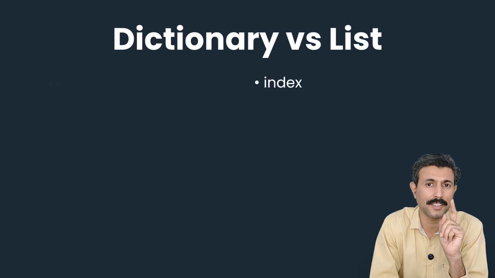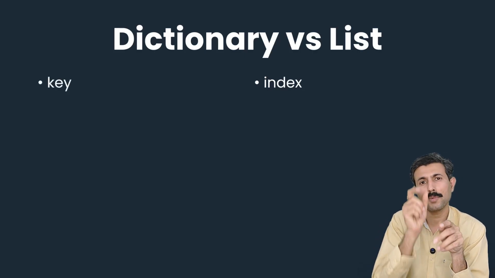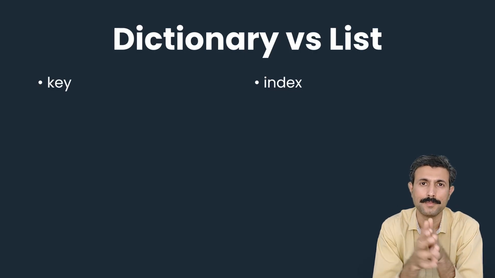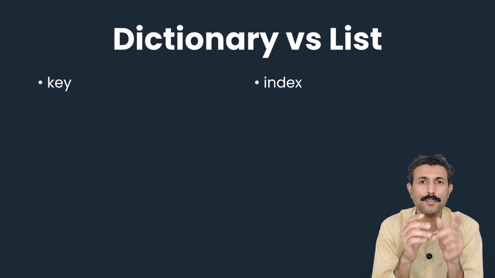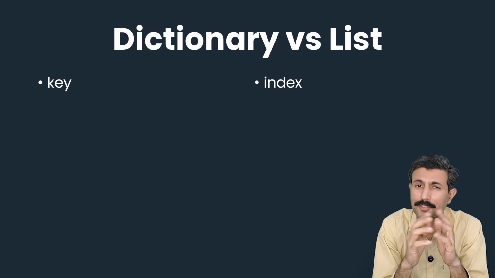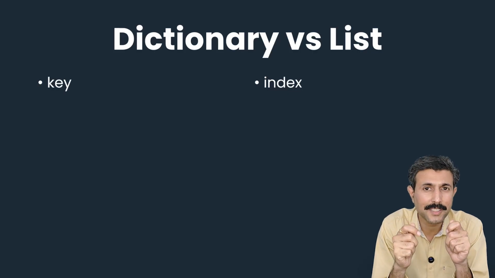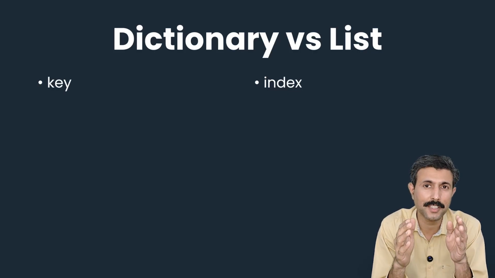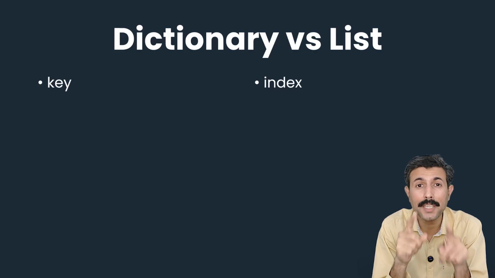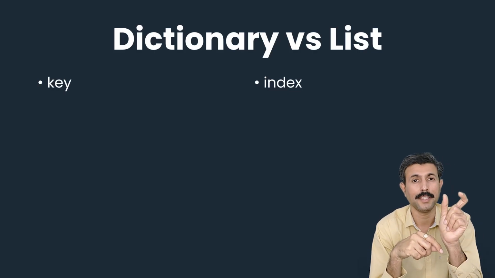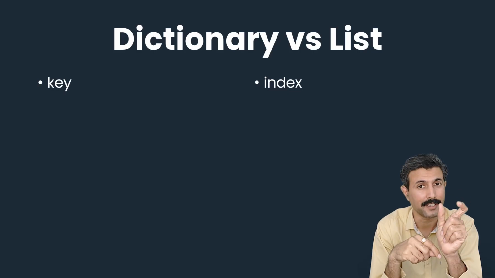Whereas in a dictionary, you search by keys, like Rahul and mobile number, right? So in a dictionary, you search by keys, and in a list, you search by indexing. From this, it is very clear that we need to use a list when the data is positional, but we need to use a dictionary when the data is meaningfully labeled, like mobile number, age, city, gender.